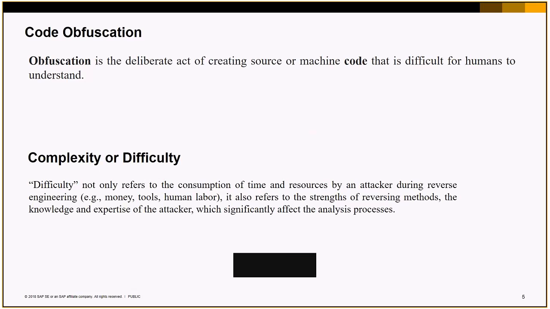We understood that it's about making the code really difficult to read, making it difficult for the reverse engineer or the attacker to reverse engineer. Complexity or difficulty is the degree of effort that an attacker would need to understand the code and reverse it. So, in general, with obfuscation, the complexity of the code should increase.